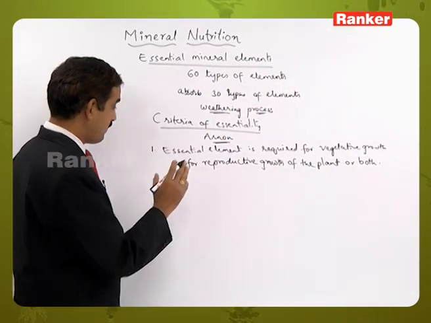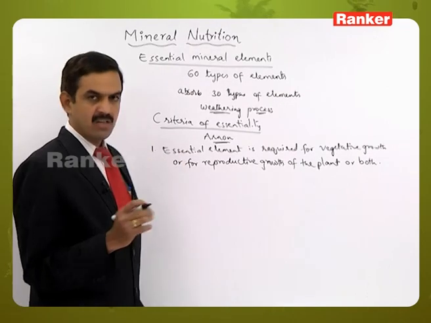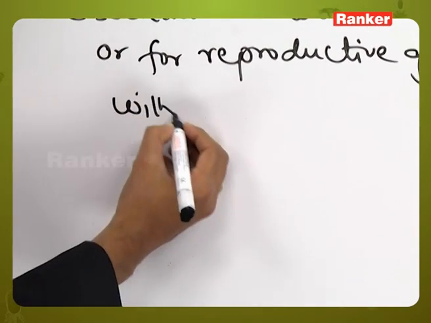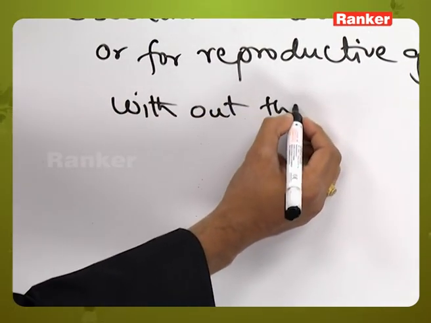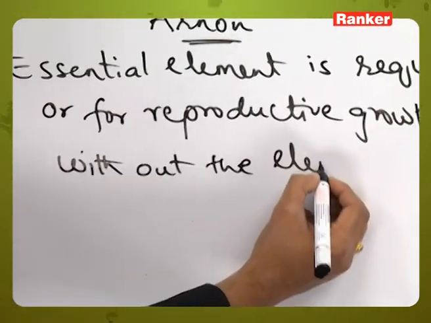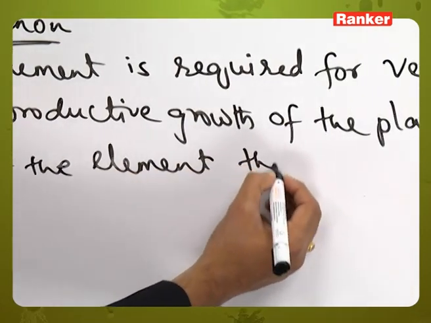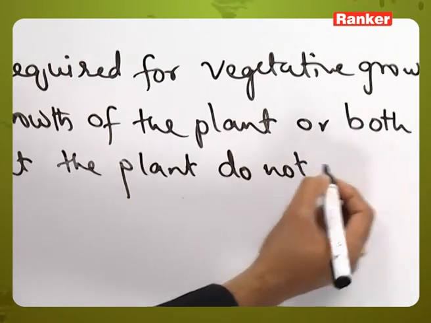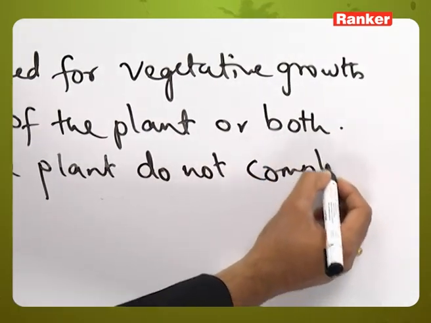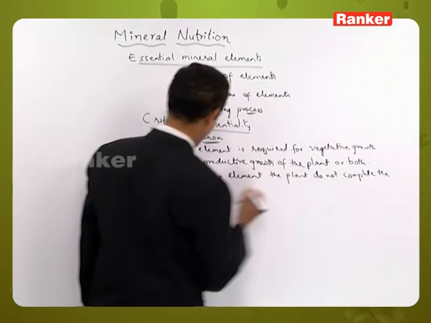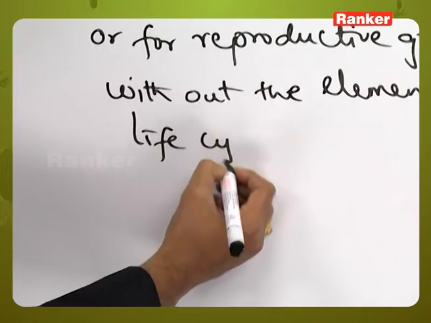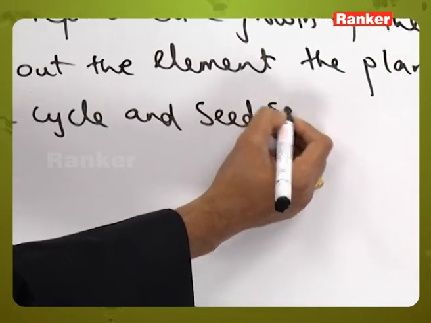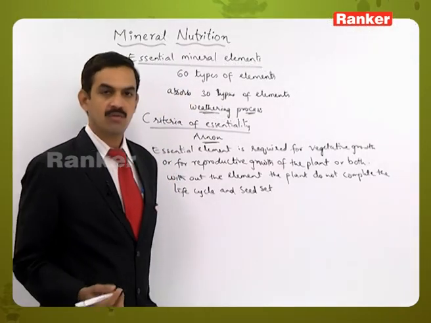And without this particular type of element, the plant cannot complete its life cycle. And at the same time, it will not form seeds, that is, seed set is also not formed.